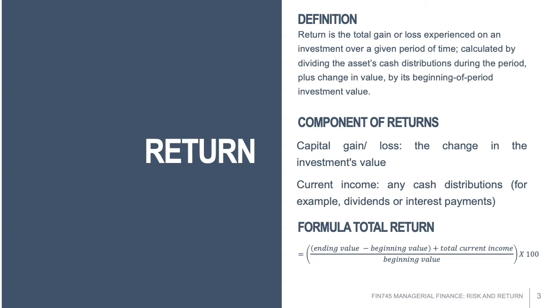The first one is capital gain or loss, which is the change in investment value, or current income, any cash distribution, for example, you receive dividend or interest payment. The formula to calculate return is ending value minus beginning value plus total current income, divided by beginning value, times 100.